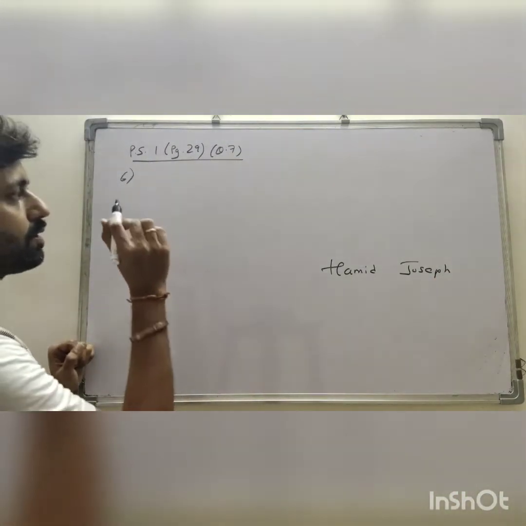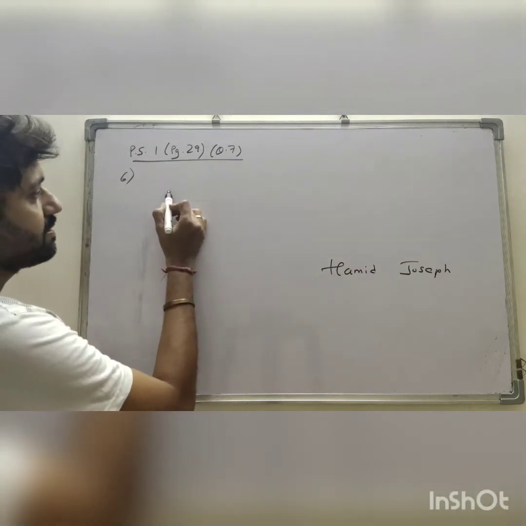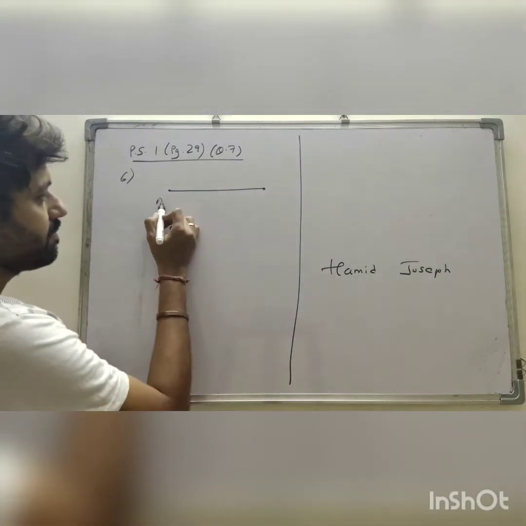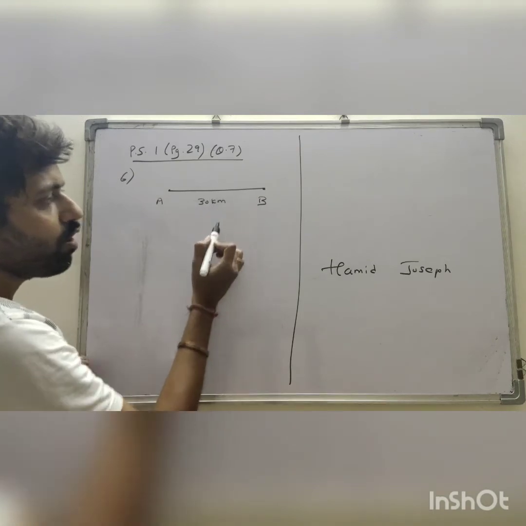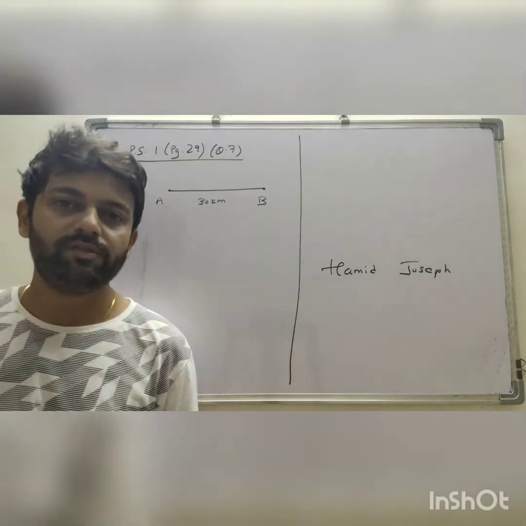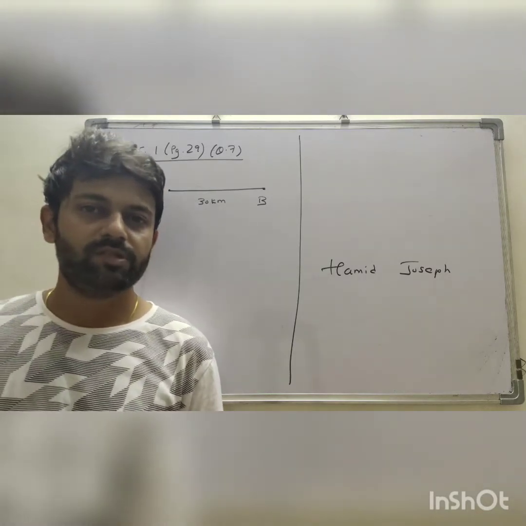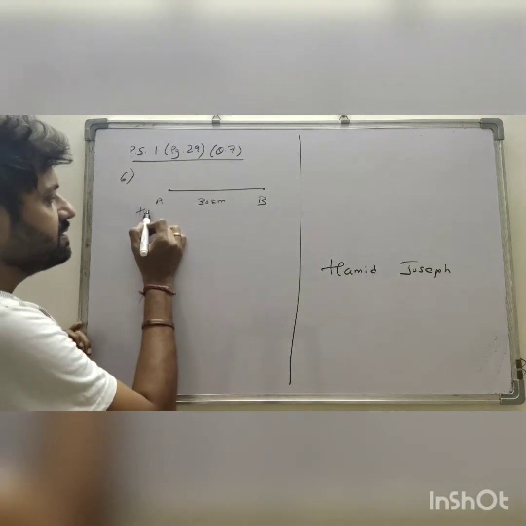Understand, there are two places, A and B. These two places are at a distance of 30 kilometers from each other. At point A is Hamid.